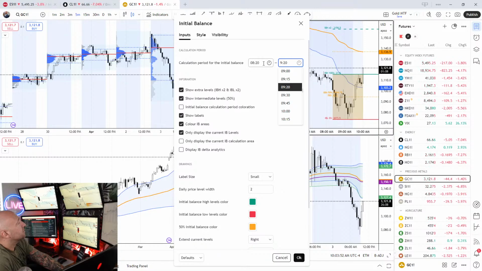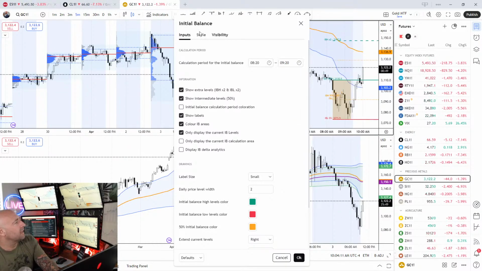Crypto's down nearly 6%. Bitcoin. Only thing green on any of my screens is natural gas. Okay, so 8:20 to 9:20 is the gold initial balance.